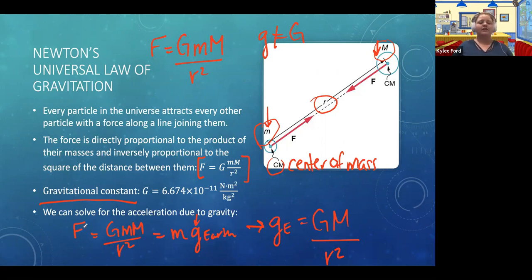So when I'm looking at this force, this mass times gravitational acceleration, this mass, if I'm looking at, say, me, it would be the mass of me. This force here is like a weight, if you remember from last time.